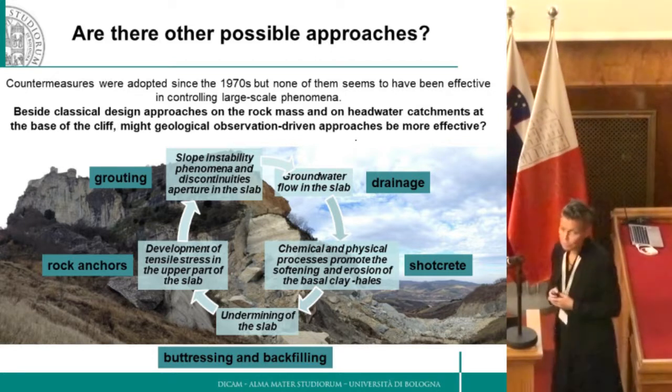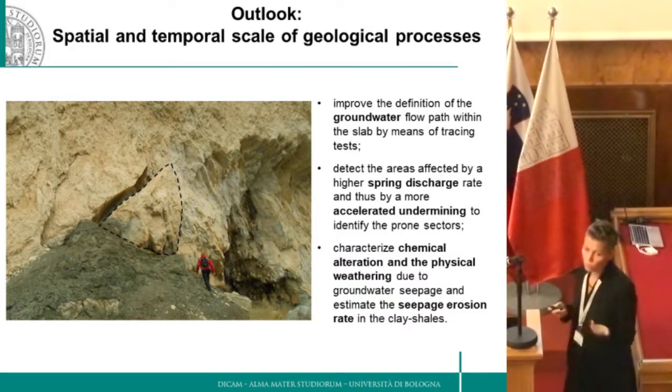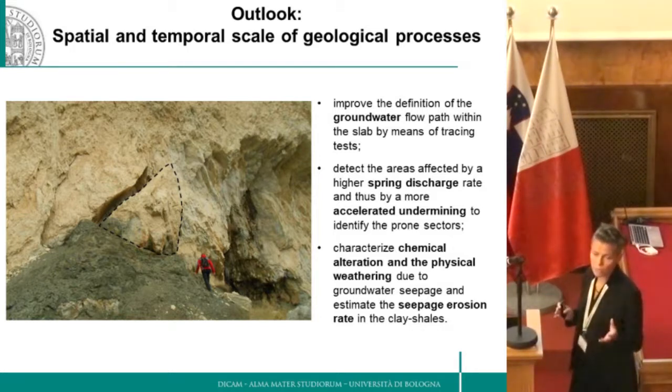So the idea to go on with this research is to improve our definition of groundwater within the rock mass. We want to go back and map and measure the discharge of the main springs in order to see where undermining is accelerated.